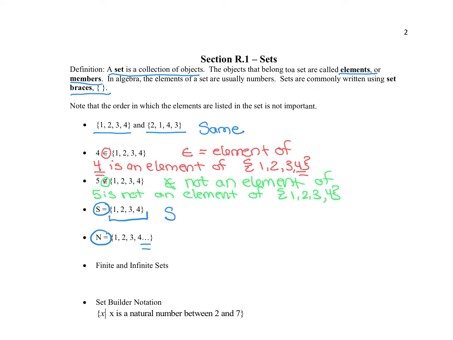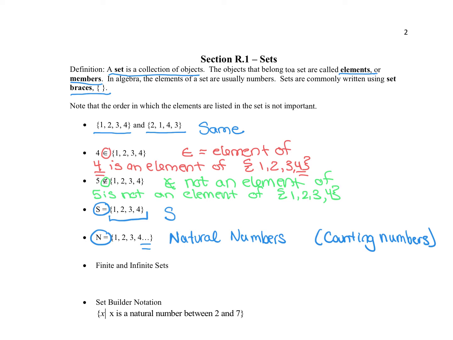We use N to represent the natural numbers, which you might have called counting numbers at some point in time. It's the numbers you learn to count with. So 1, 2, 3, 4, 5, 6, and it goes on forever.